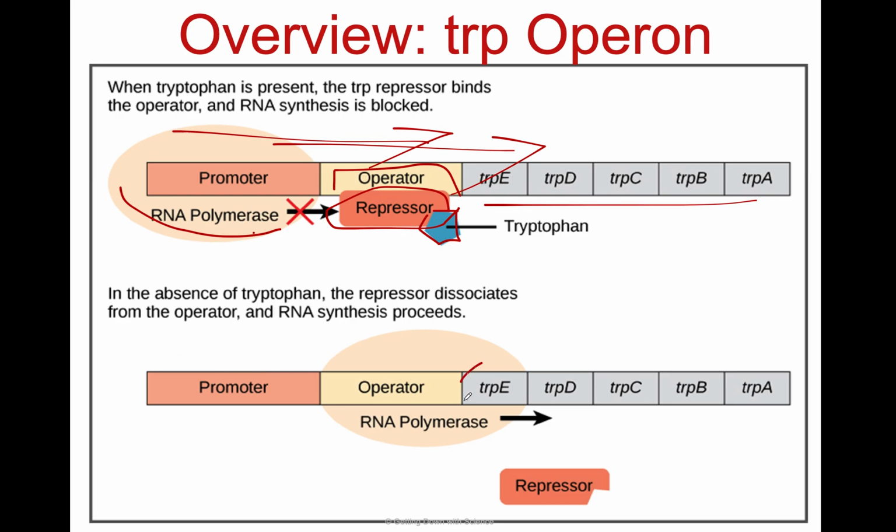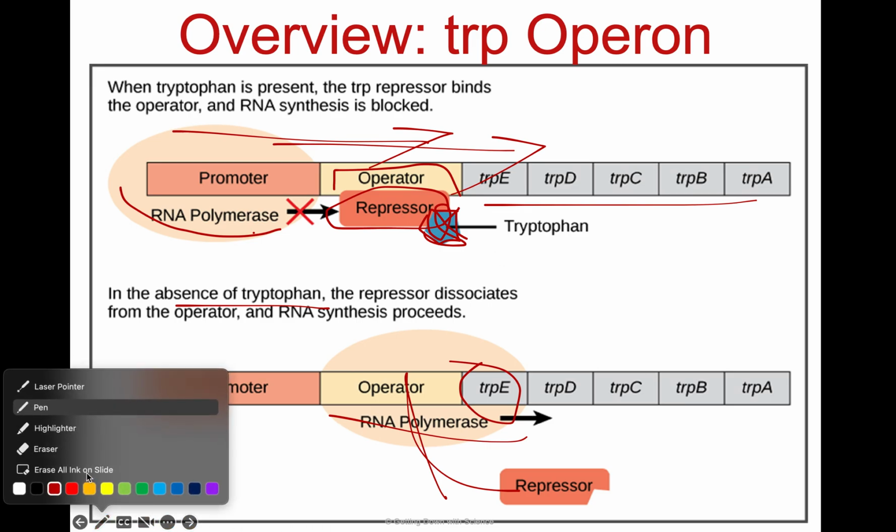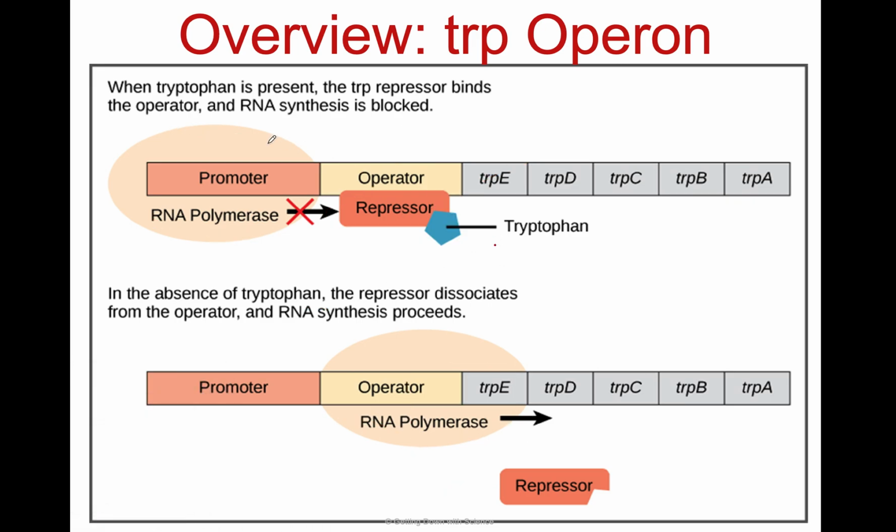When there's not enough tryptophan, or in the absence of tryptophan, it's not going to bind over here anymore. The repressor is not hanging out on the operator, and RNA polymerase can go over here. It's a physical block, right? RNA polymerase wants to go over here to transcribe this stuff, but it can't because the repressor is sticky on here.